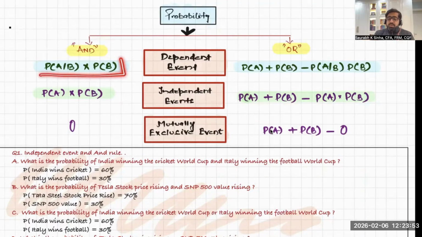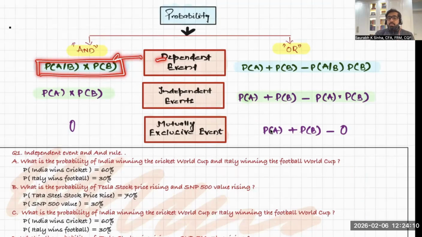It is the universal formula that you will apply to find the probability of A and B, irrespective of the event.